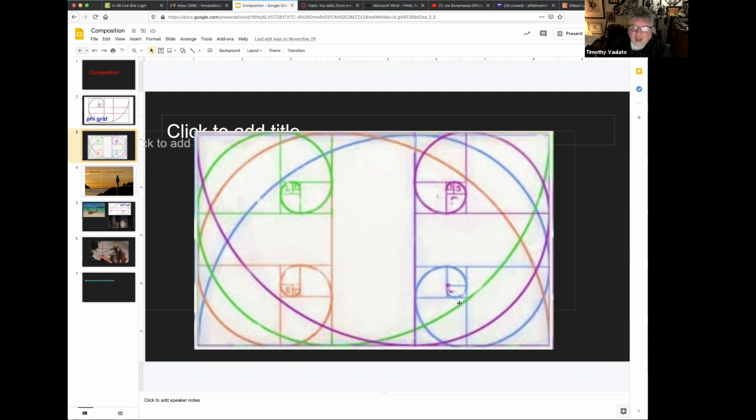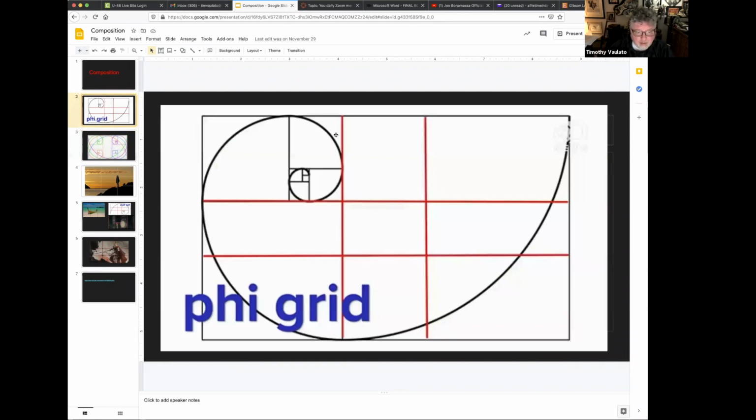Now, this seems like a lot of effort. And you know what? It's an ungodly amount of effort. It's usable, but it's not particularly easily usable. So if you look here and go back to my last one, if you flip these, where they land is pretty much where this tic-tac-toe board intersects.